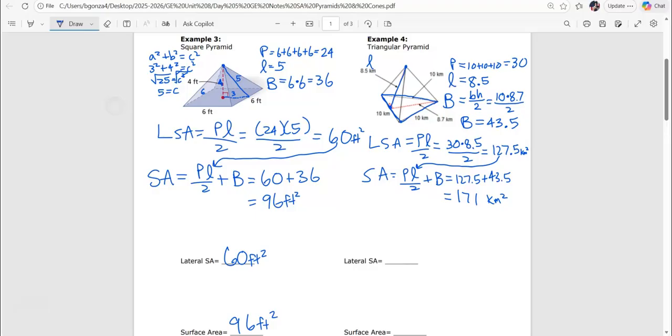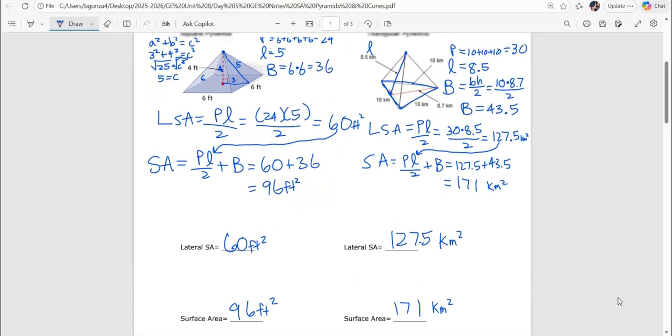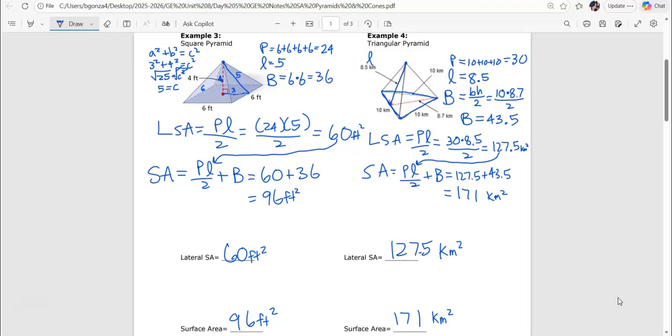So let's write this down right here. We got 127.5 kilometers squared and 171 kilometers squared. Write this down real quick because we're about to go to the backside. There it is.